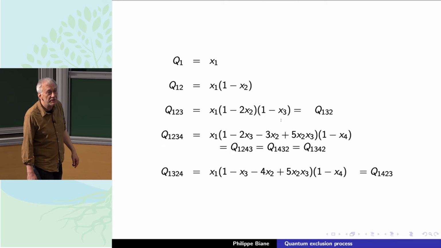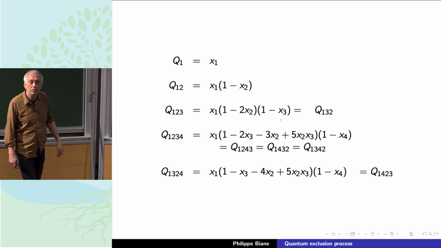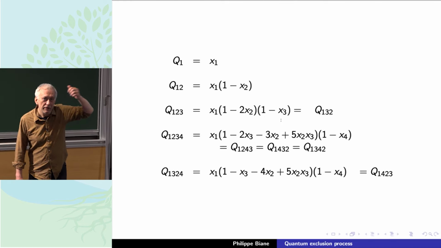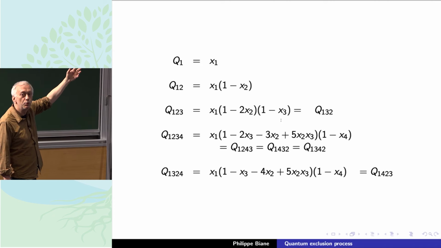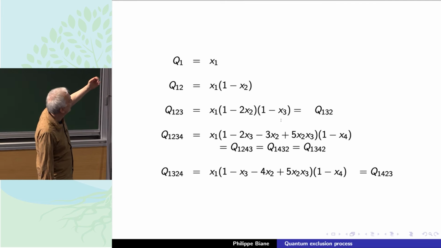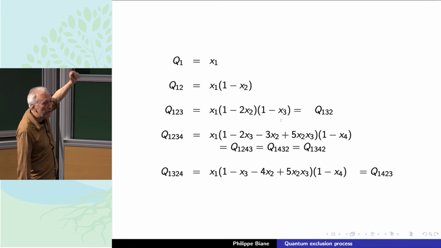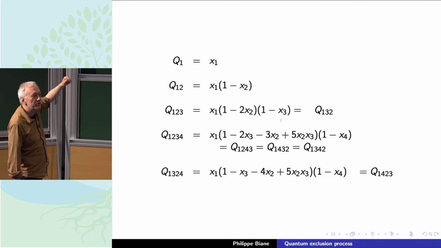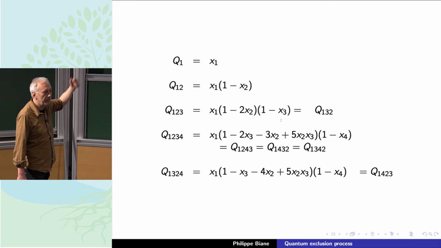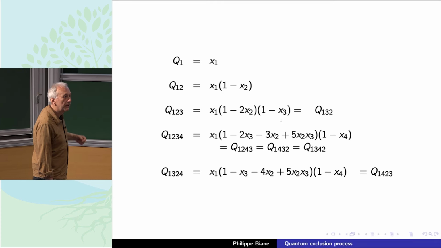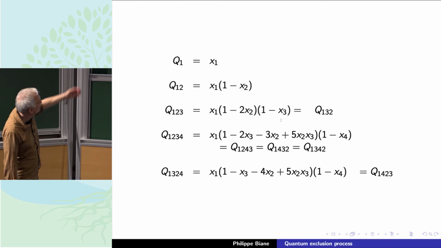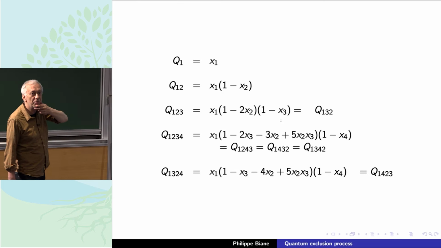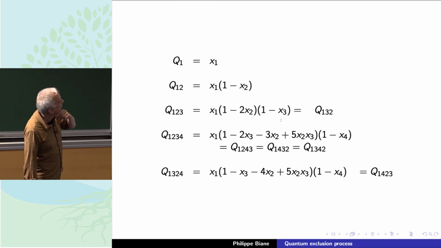Okay, so here are a few examples, just to show you how. For each n, I index the Q by all possible circular permutations of 1, ..., n. So each circular permutation I represent by putting 1 and then a permutation of the other elements. And so here are the values of Q. So of course, for Q with two elements, there is only one permutation.